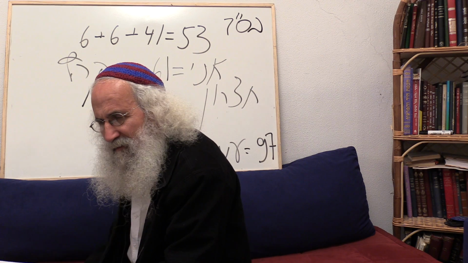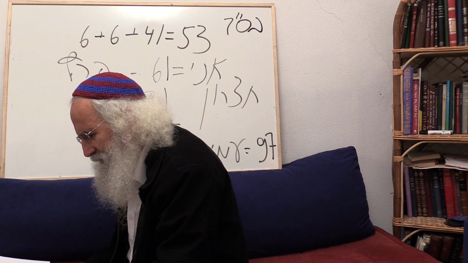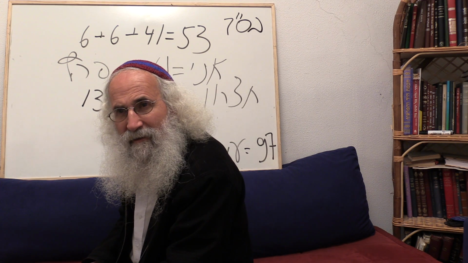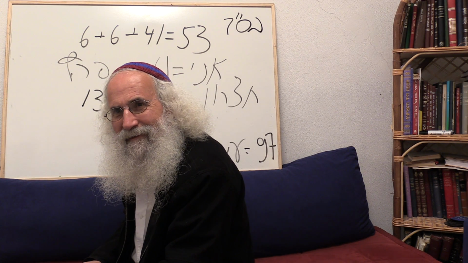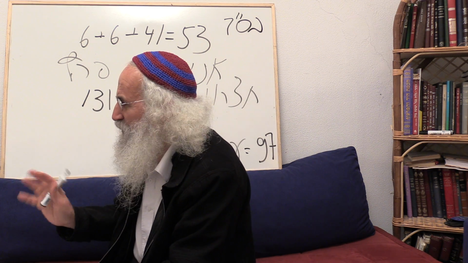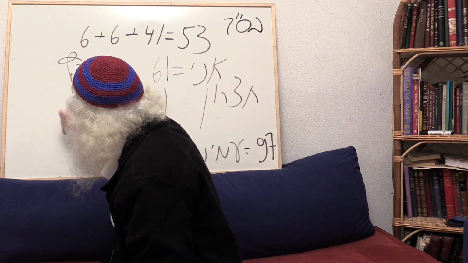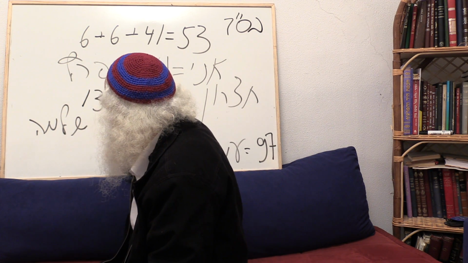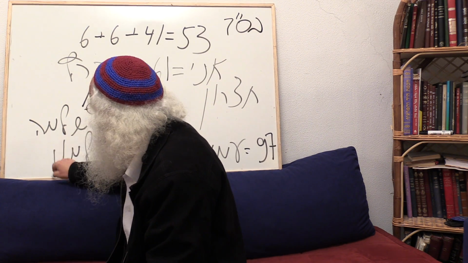The Torah said that Nachshon gave birth to Salma, and Salmon gave birth to Boaz. Alright, so the Torah called him Salma, which has the same letters as Shlomo, and called him Salmon too.